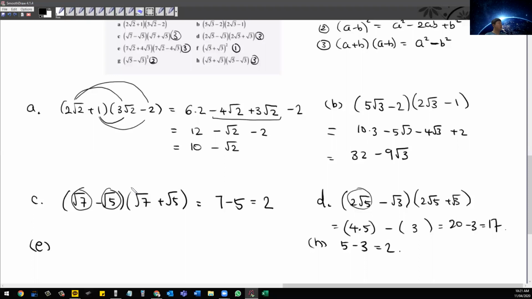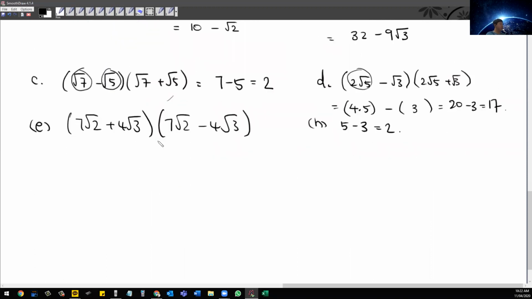Very simple. E is 7 root 2 plus 4 root 3, 7 root 2 minus 4 root 3. So this one squared is 49 times 2. That one squared is 49.